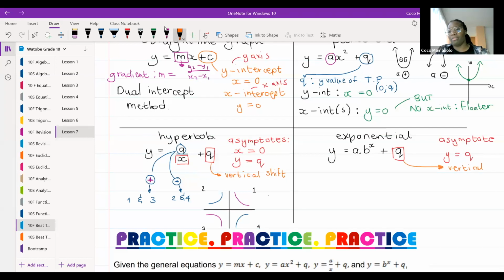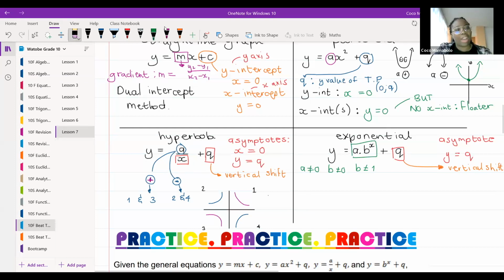Okay. Vertical shift. Now, there are a couple of things that we need to know here, right? We need to know that a cannot equal 0. b cannot equal 0. And b cannot equal 1. These are very important because if a is equal to 0, then this whole thing becomes 0.